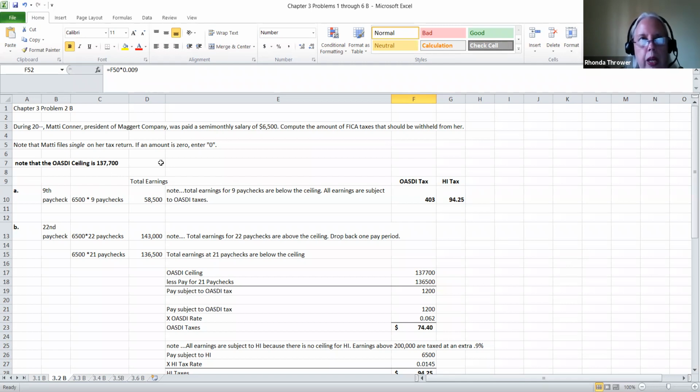They don't have to pay tax on that, and that's both the employer and the employee. Neither has to pay tax on that amount that's earned above 137,700. And every year these ceilings change. They adjust them for inflation.